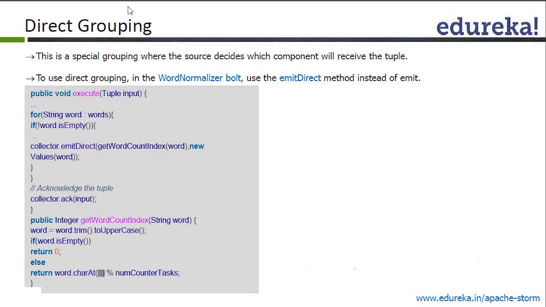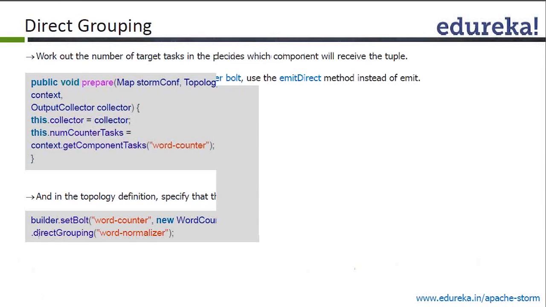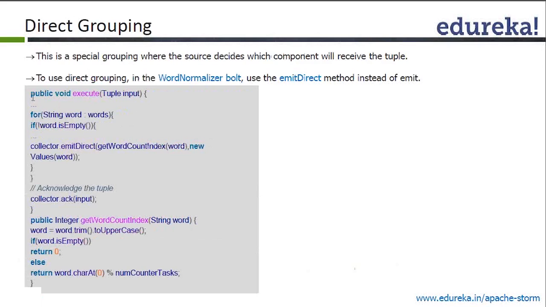Then in the main topology class, you say the word counter is related to the word normalizer by direct grouping. And within the word normalizer, in the execute method, you implement collector.emitDirect.